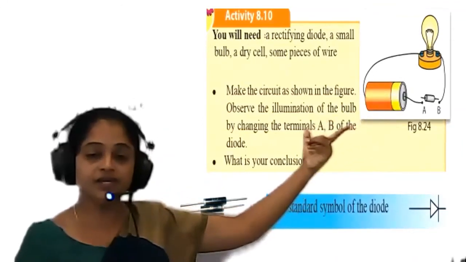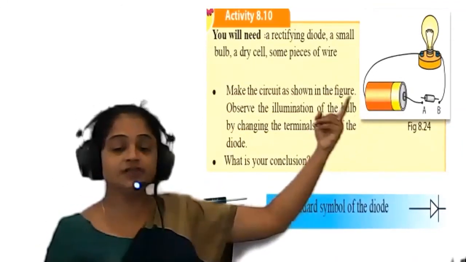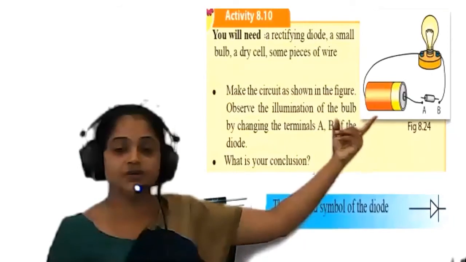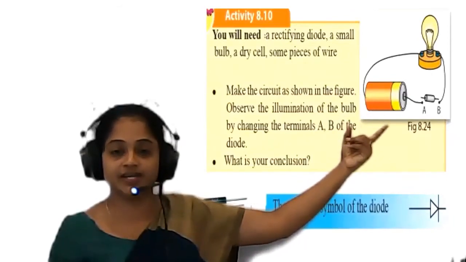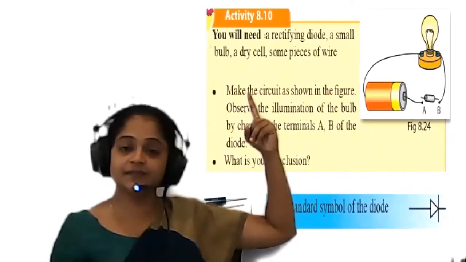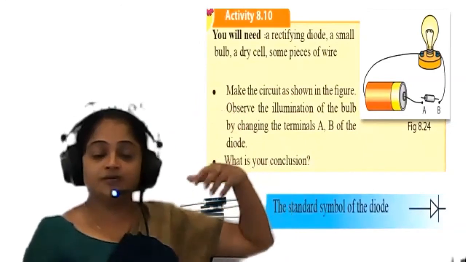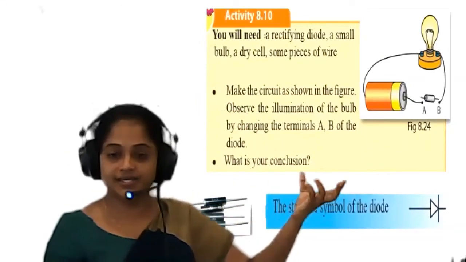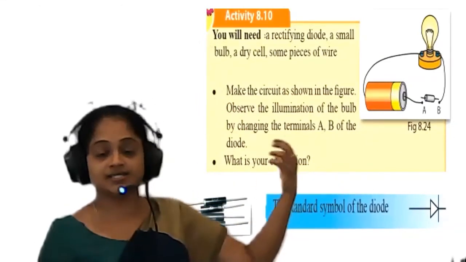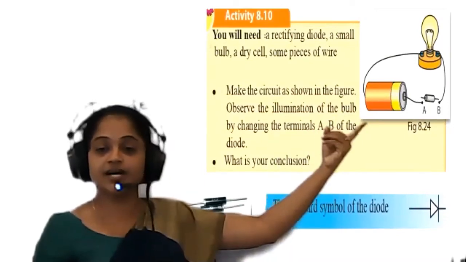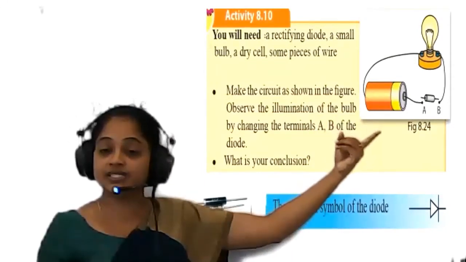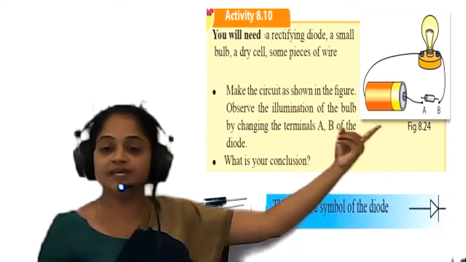In here we use a diode for that. To connect A and B, we use a diode. That is the difference. In previous activity, we have used different types of materials to check whether they are conductors or insulators. In here, we are using a diode to connect A and B.